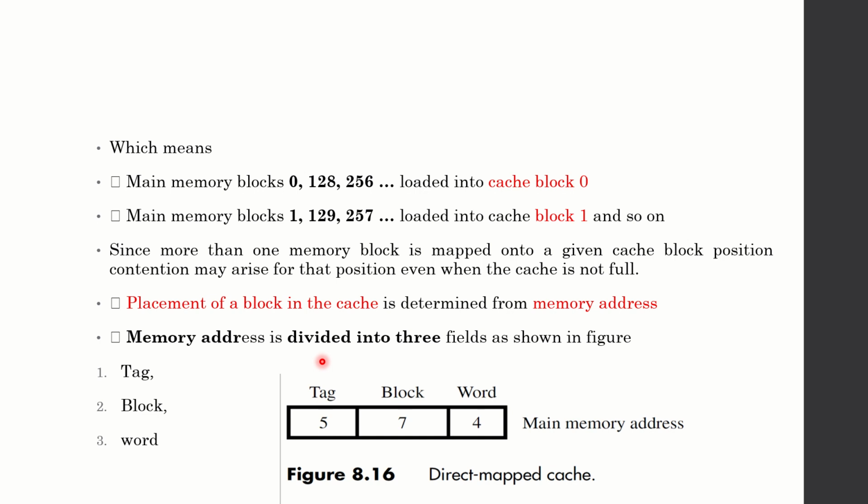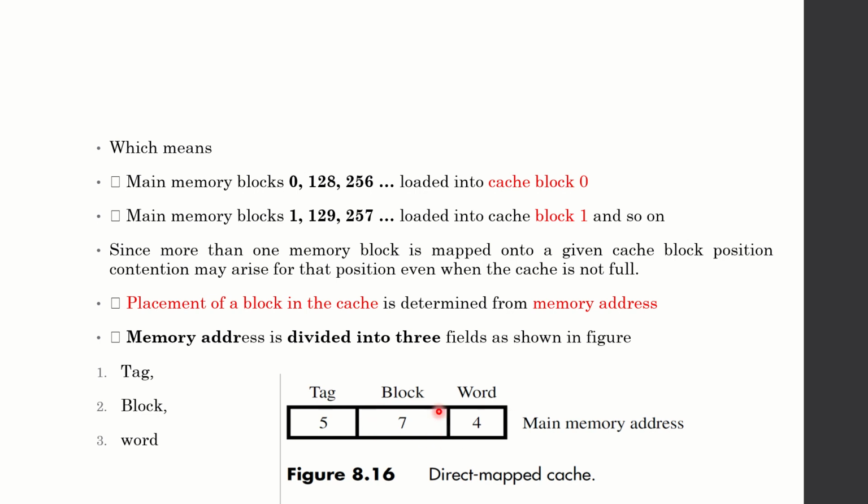In our example, we have 16 address lines. How did we get the 16? We know that the main memory capacity is 64 kilobytes, which is equal to 2 to the power 16. And in the case of direct mapping, the 16 address lines are divided into 3 different fields. The lower order bits will specify the word, that is, which word of that block is our required word.